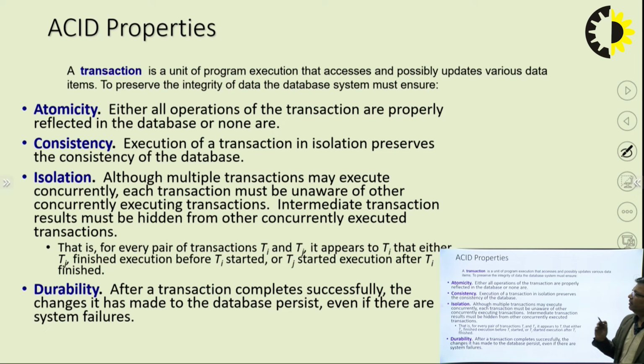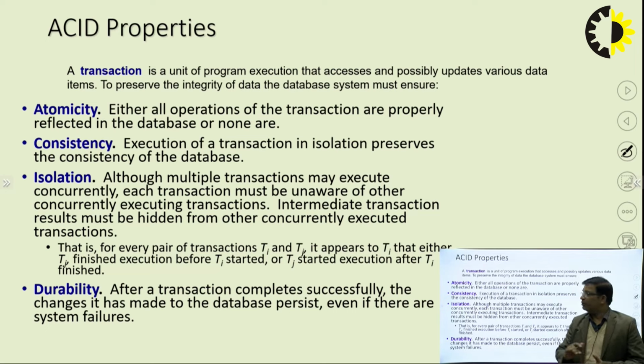So these are the transaction properties, the ACID properties. A stands for atomicity, C stands for consistency, I stands for isolation, and D stands for durability. These are the properties by which we can ensure that the transaction is fully committed. If a transaction is completed and its write is done into the memory device, then the transaction is said to be complete.